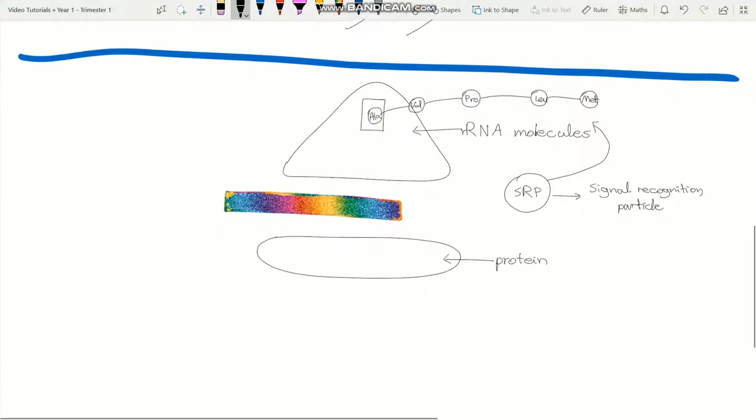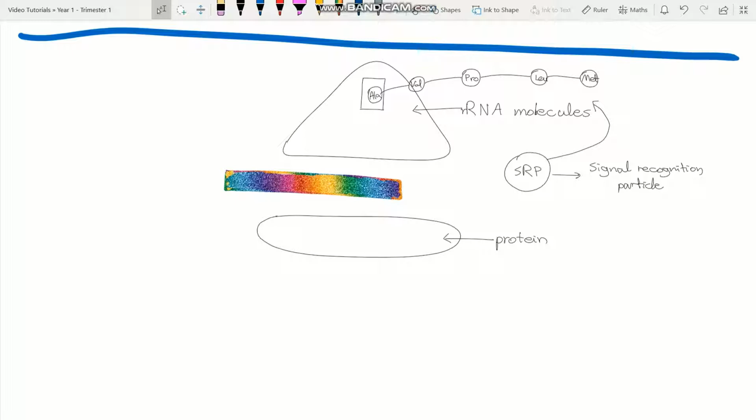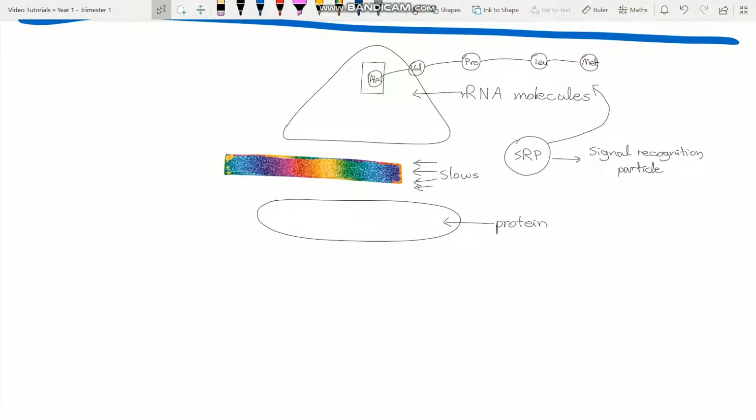Now let's say, for example, that the signal recognition particle recognizes that this protein should actually be formed on the endoplasmic reticulum. What it will do is slow down the process of RNA translation. This will be until the ribosome is able to dock onto the endoplasmic reticulum. Then it will ensure that the ribosome comes in contact with a signal recognition particle receptor.